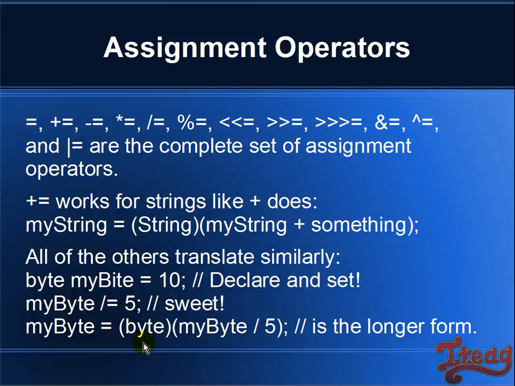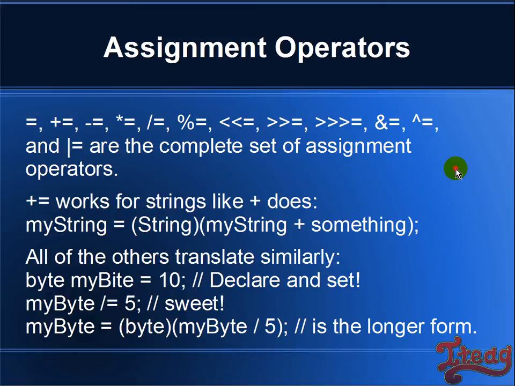Promotion, I'll go into that. And so we have my byte divided by 5, and then that's converted to a byte and stored in my byte. So that's the longer form of saying it. Otherwise, you can just say it like this. And this is definitely cooler to look at. Well, shorter, that's for sure.